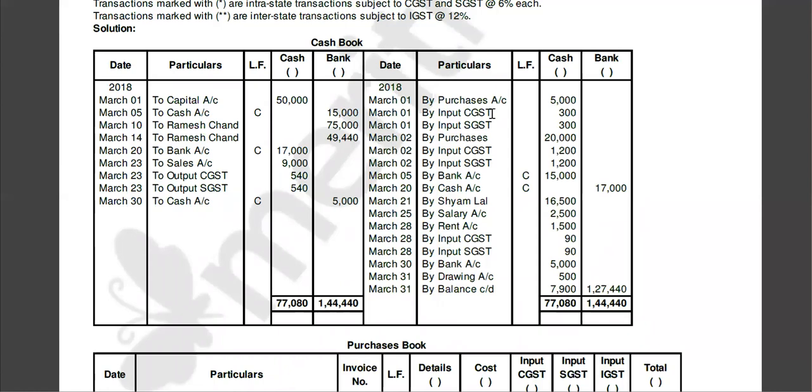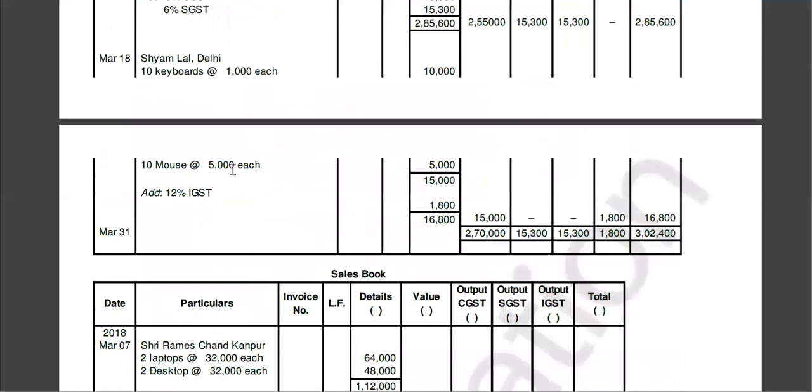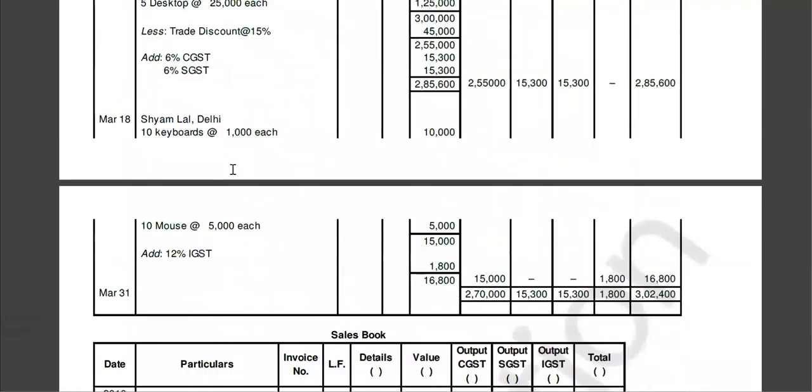You figure it out. One is input CGST: 1, 2, 3. The same one here also 1. So CGST 4, the same way SGST also 4. IGST only 1, I think so. IGST here, in the purchase book, we have IGST 1.